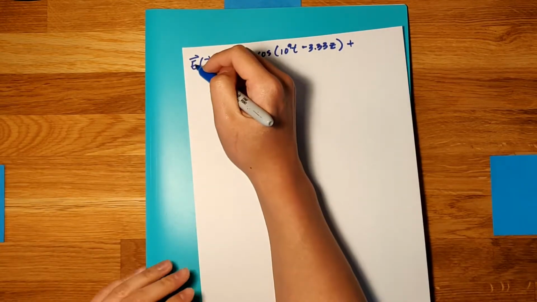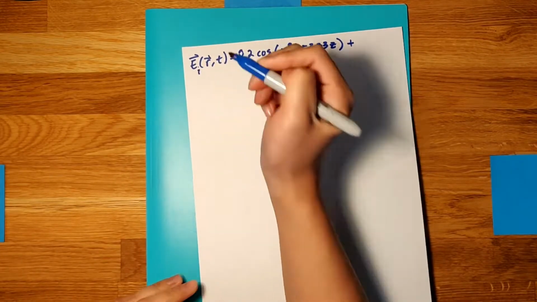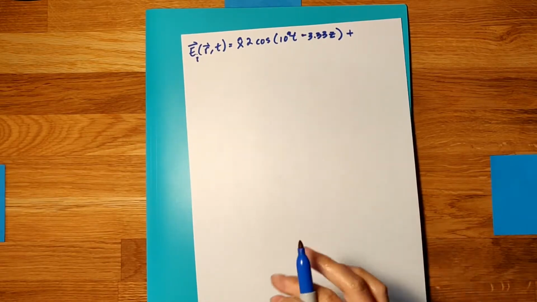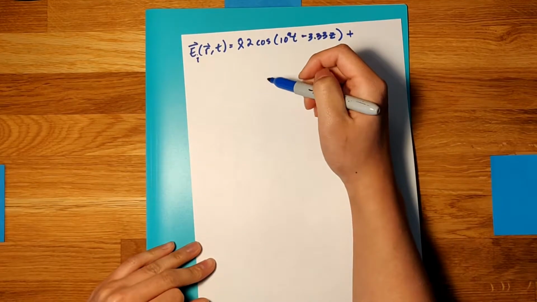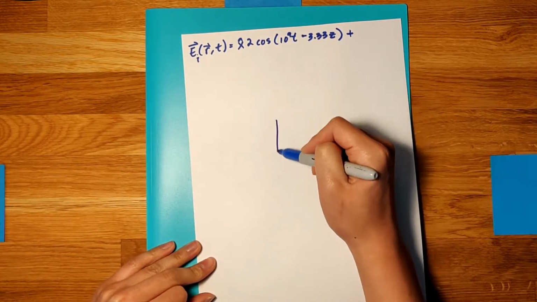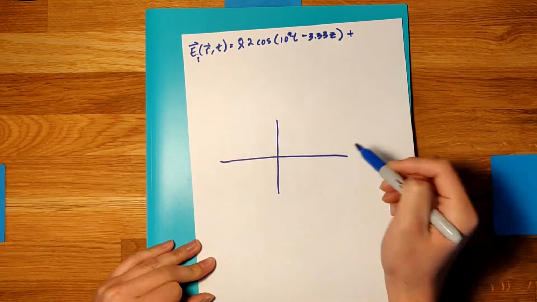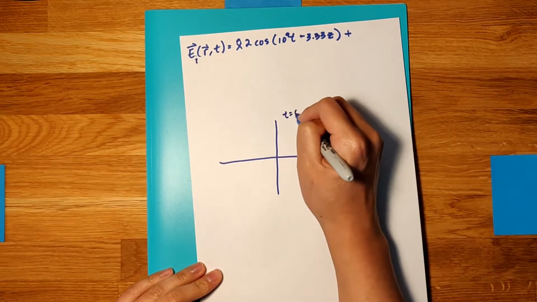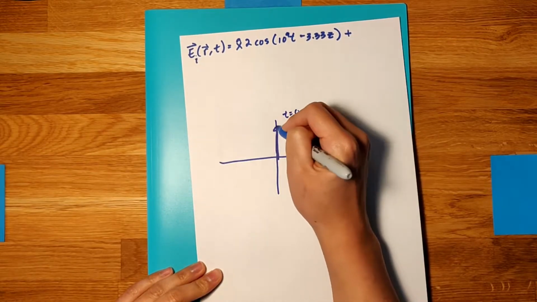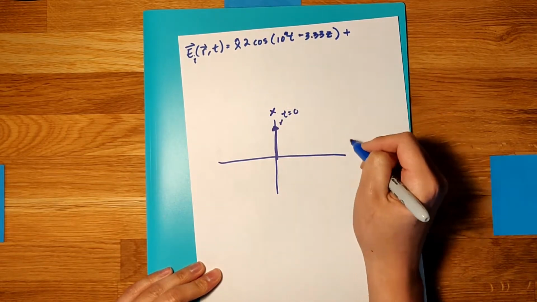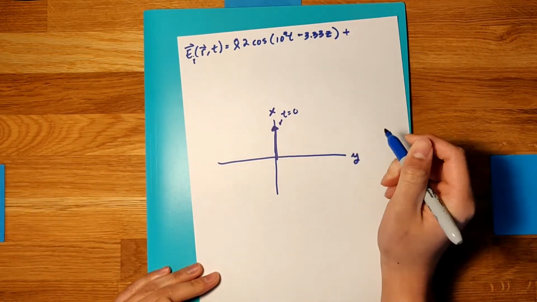But the question is, what direction is this E2 going to? Oh, also remember that this is actually our incident. Let's state that more specifically. To find it, I should just draw what we know. We know that at time equal to 0, it is on the x-axis. This is x and this is y.